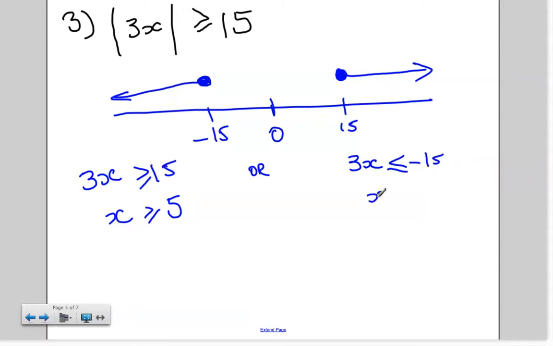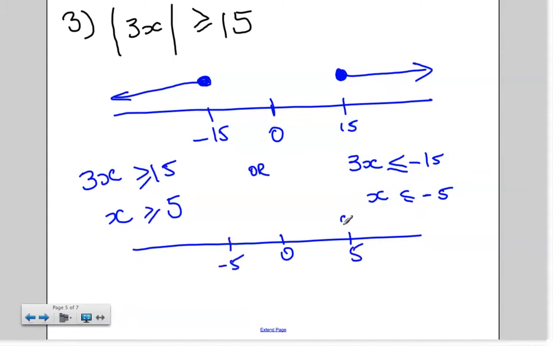Again, divide both sides by 3 gives us minus 5. So we end up with 0 and 5 and minus 5, and we're saying that anything above 5 or below minus 5 will make it true.